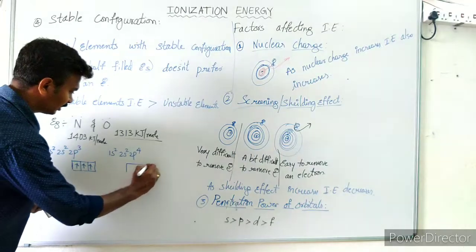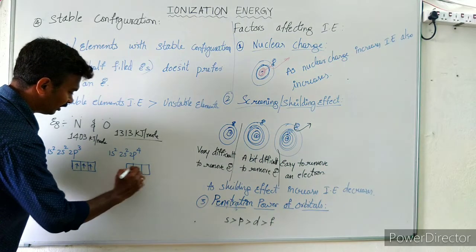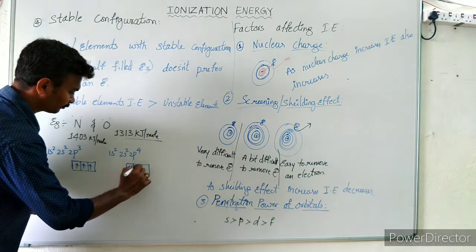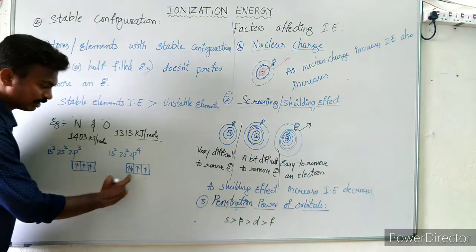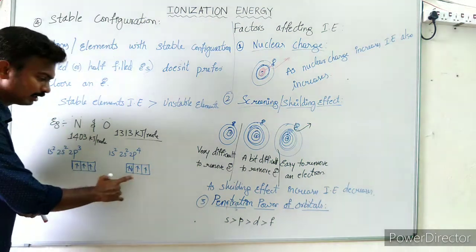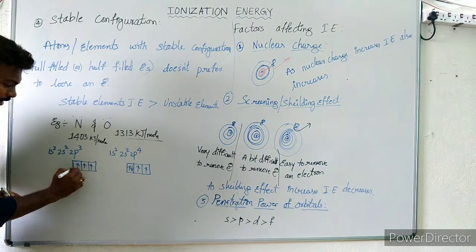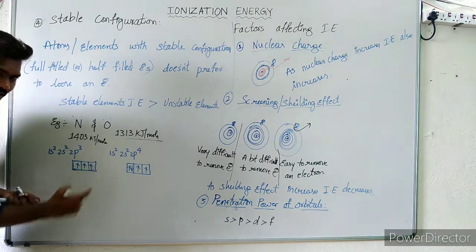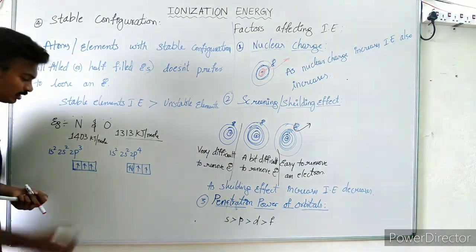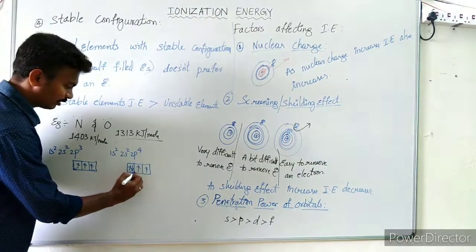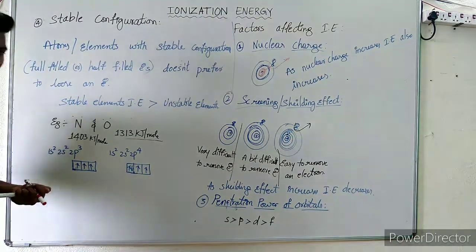The valence shell is not with symmetry. See here the symmetry is lost. One more electron is there here. Here there are 3 equal electrons in the 3 orbitals of this p section. That is not the case here, right?